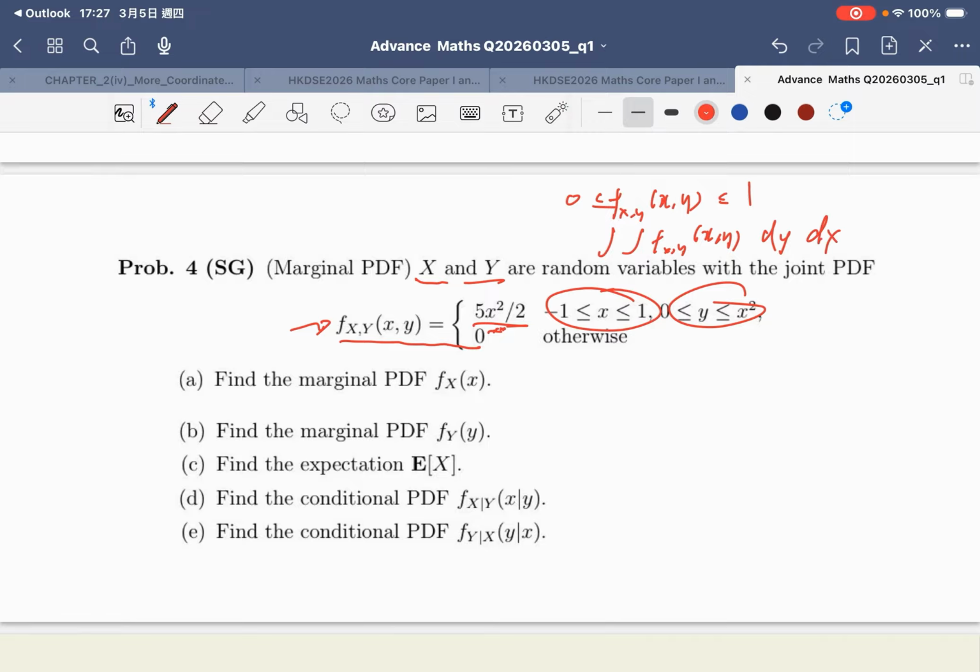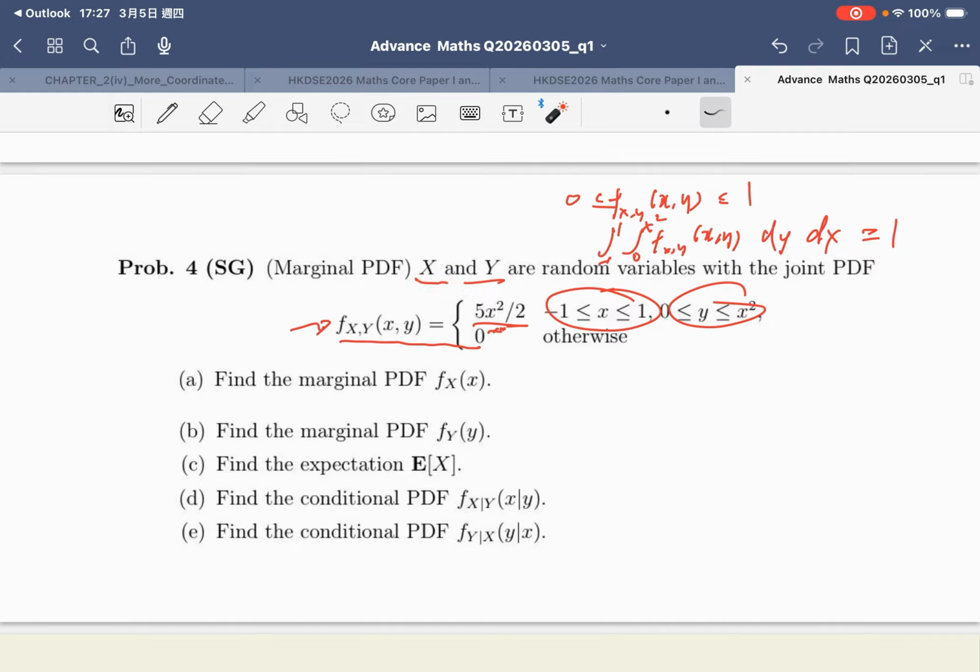The range of y should be from 0 to x squared, and the value of x should be from -1 to 1. You can check that this is 1. If you change the order, you have to take care of the domain here.